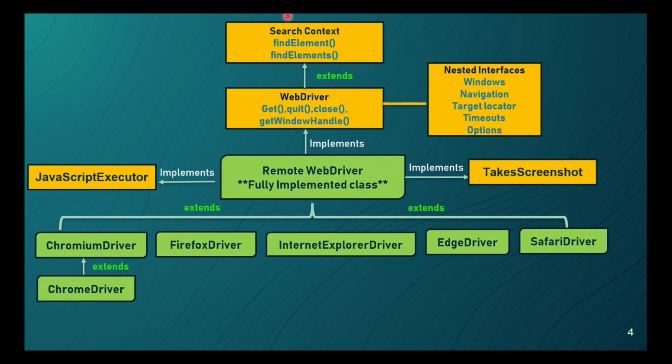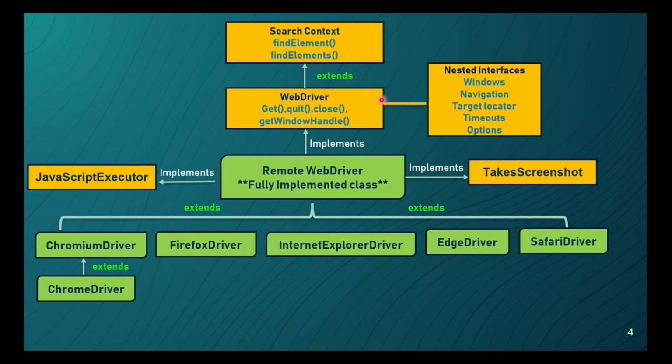Okay, so this is the search context, that is the super interface, which has the abstract methods find element and find elements. Next, we have the WebDriver interface, which is extended from the search context. This means that it contains the abstract methods find element and find elements.